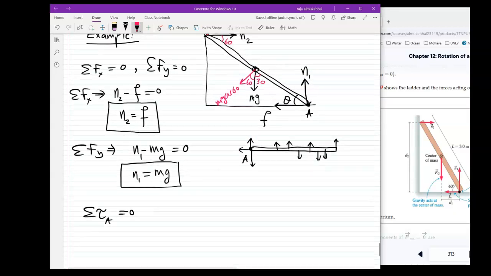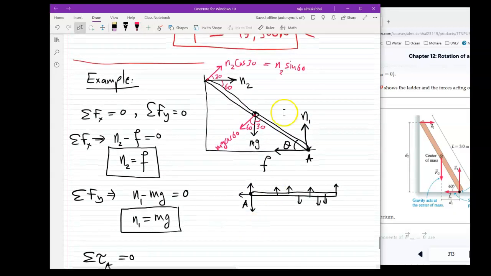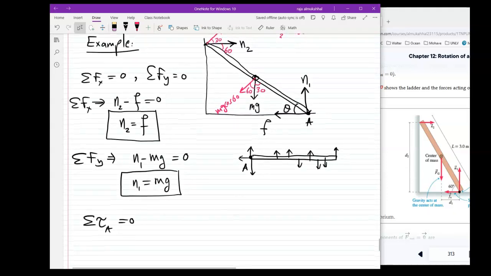Now I'm ready to take the torque with this in mind. So remember, for N2 we're going to take the cosine for this one, and the cosine for this one. Why? Doesn't matter. Either way, you can take sine and get the same answer. So what we have in this case is plus, remember, clockwise is negative, counterclockwise is positive.